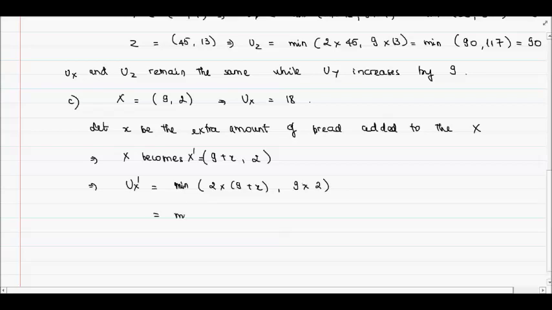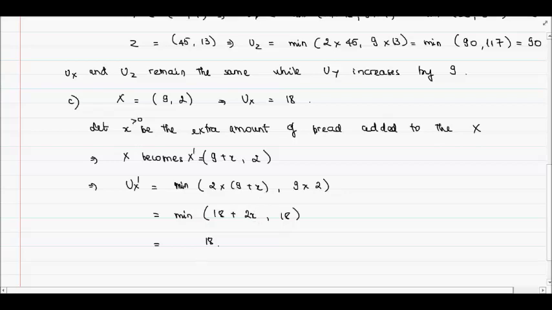That is just going to be the minimum of 18 plus 2x and 18. The minimum of 18 plus 2x and 18 is always going to be 18, given that x is a positive amount, since it's an extra amount.